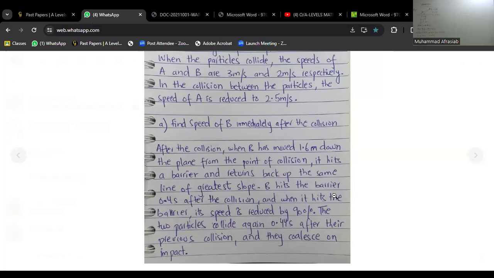B hits the barrier 0.4 seconds after the collision, and when it hits the barrier, its speed is reduced by 90%. The two particles collide again 0.44 seconds after their previous collision, and they coalesce on this impact.